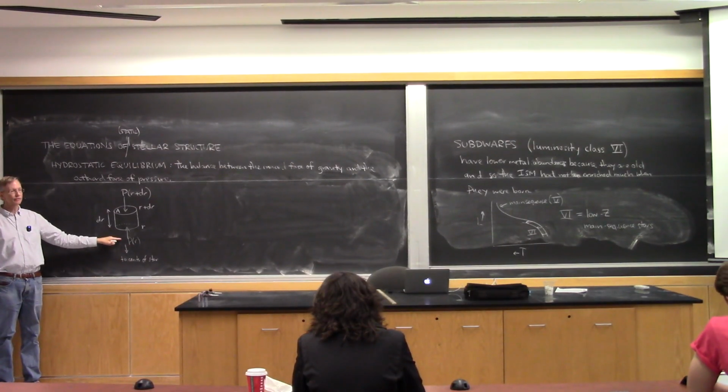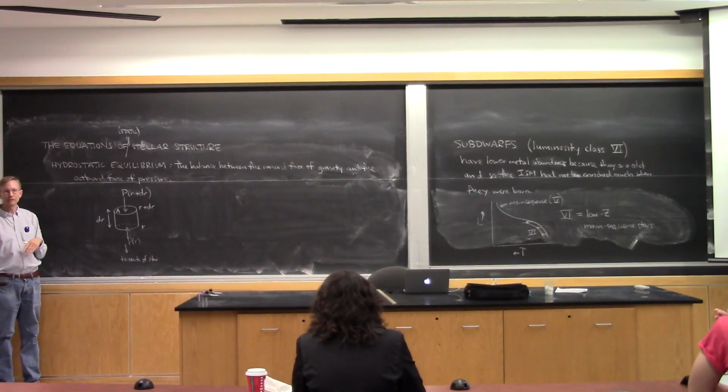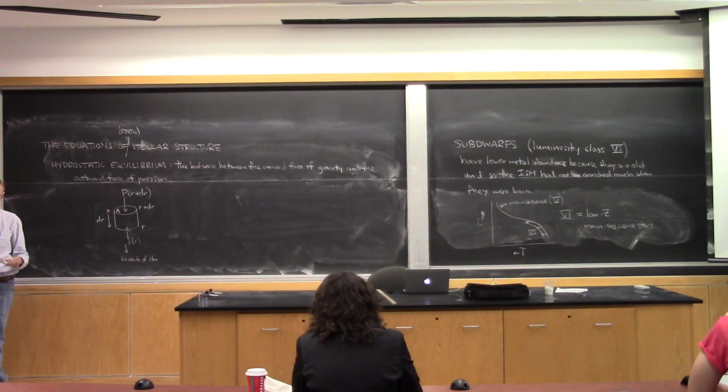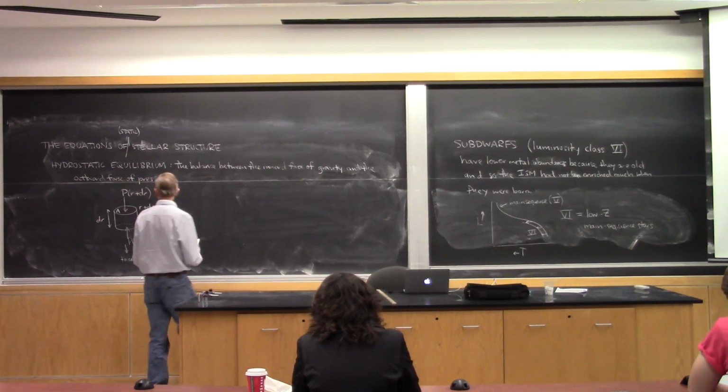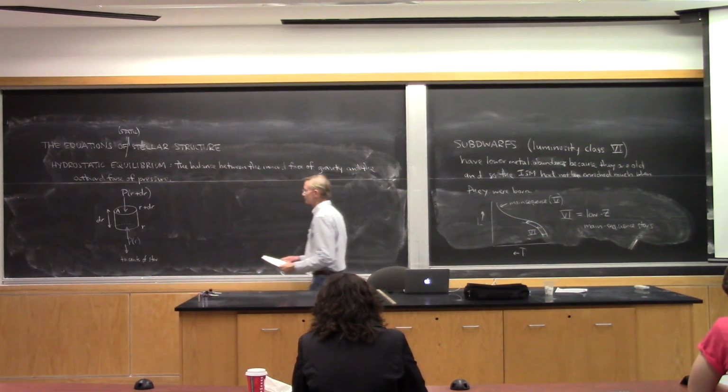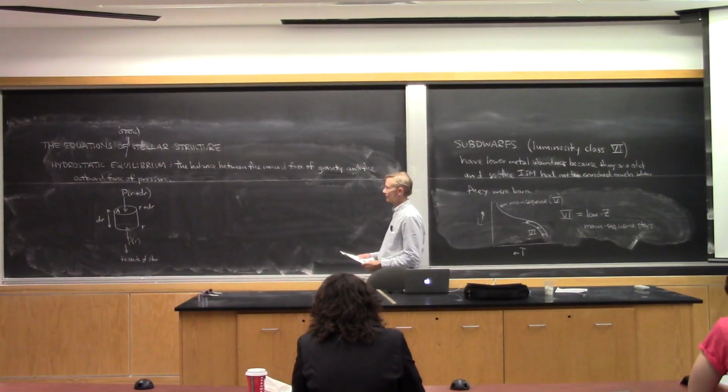So we're coming up with an equation which will tell us the rate of change of pressure with distance from the center in order that there be an upward pressure force on any little volume of the stellar fluid, as it were, the stellar plasma. So there's my picture. Pressure pushing down on the top, pressure pushing up on the bottom.